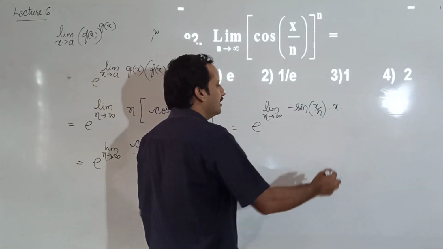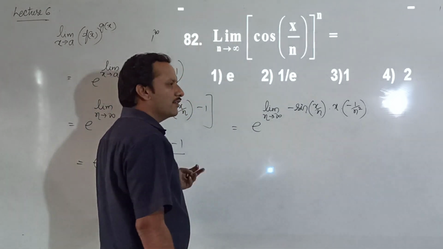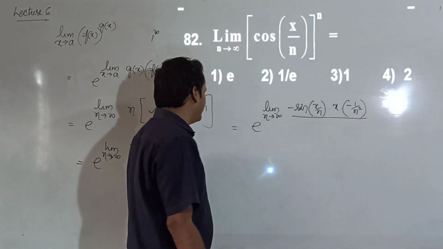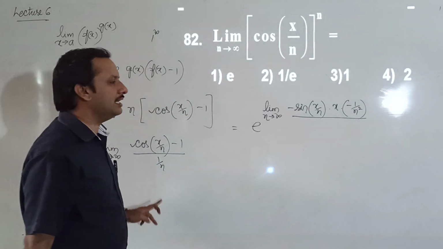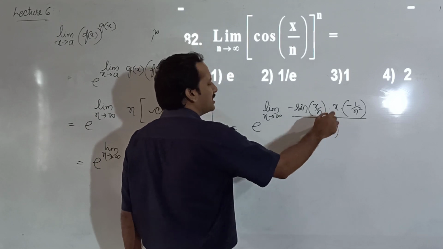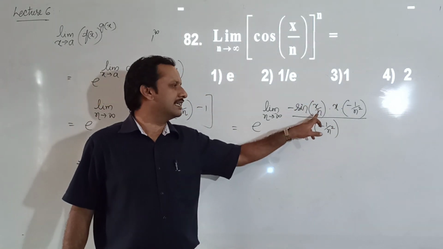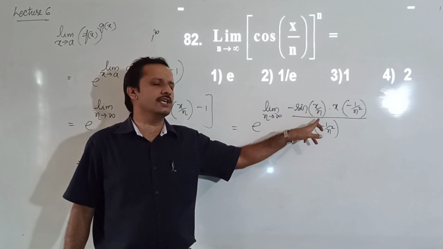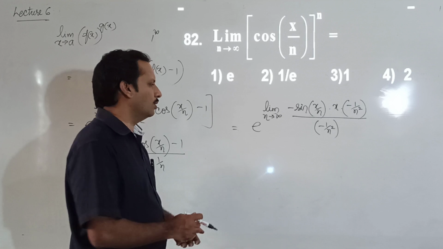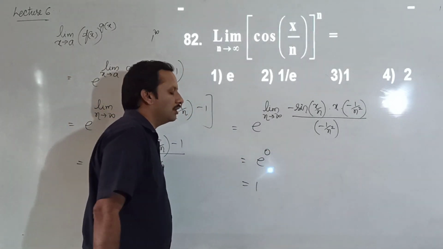Derivative of 1 by n is minus 1 by n square, minus derivative of 1, that is 0, divided by, in the denominator we have 1 by n, derivative of 1 by n is minus 1 by n square. That minus 1 by n square gets cancelled. Apply the limit as n tends to infinity. As n tends to infinity, x by n will become 0. So sin 0 you get. Sin 0 is 0. 0 into x is 0. Answer is e to the power 0. E power 0 is equal to 1.